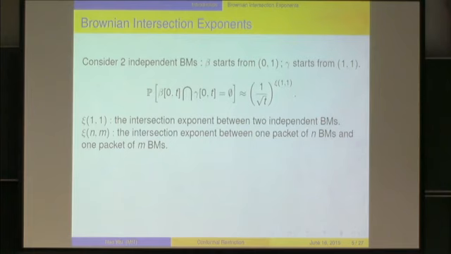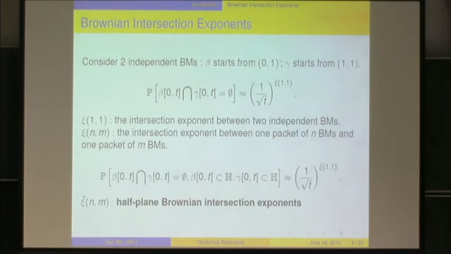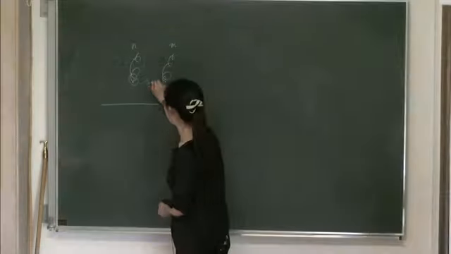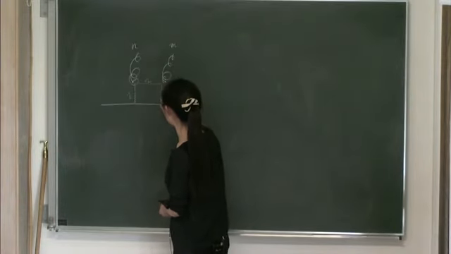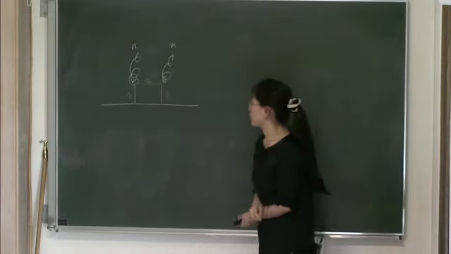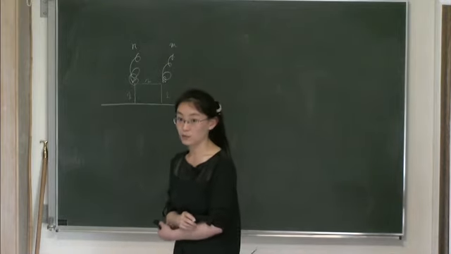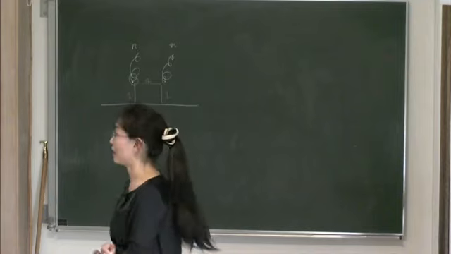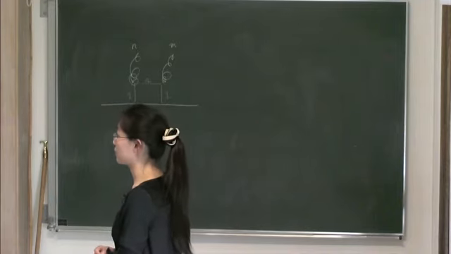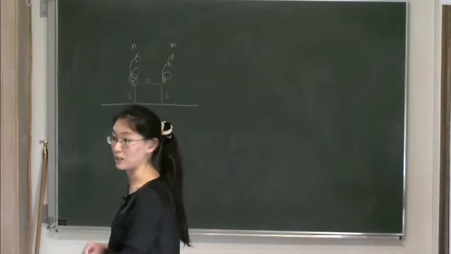Next, there's a related notion called half-plane intersection exponents. The story is very similar as above, and the only difference is that now we have 2 packets of Brownian motion. Their starting distance is 1, and their distance from the real line is also 1. We calculate the probability that the 2 packets avoid each other, and at the same time, we also require that all Brownian motions stay in the upper half plane.